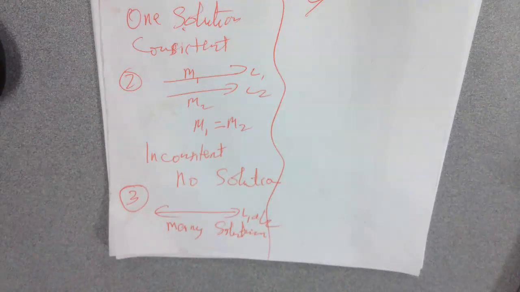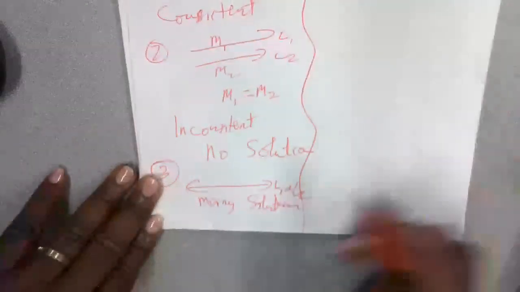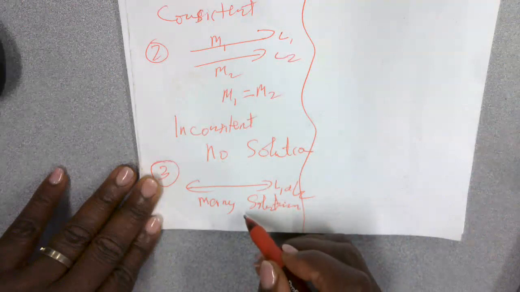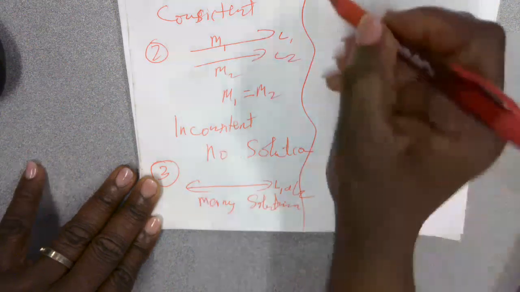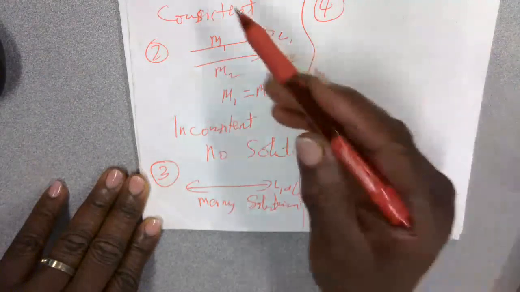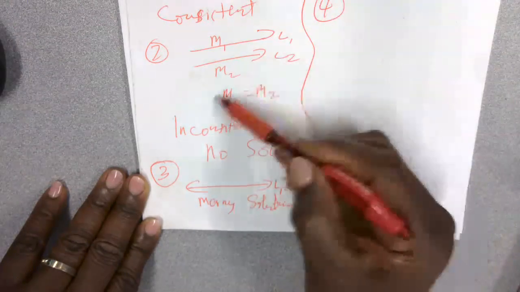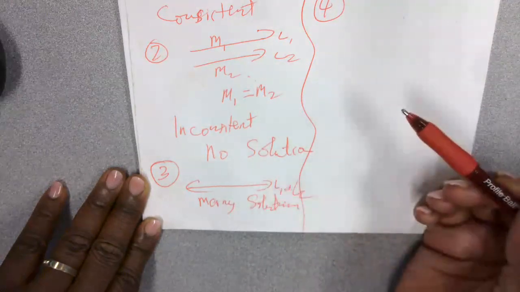Every point in L1 is in L2. In other words, the slope of the first one is equal to the slope of the second one, and the y-intercept of the first one is equal to the y-intercept of the second one. So we have talked about one solution when they intersect, no solution when they are parallel, and many solutions.